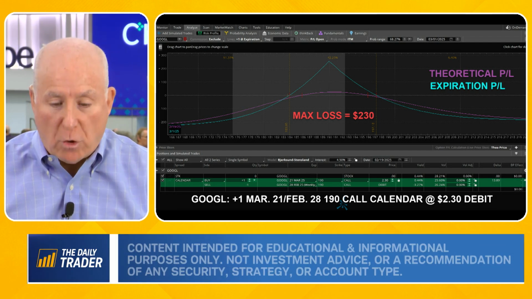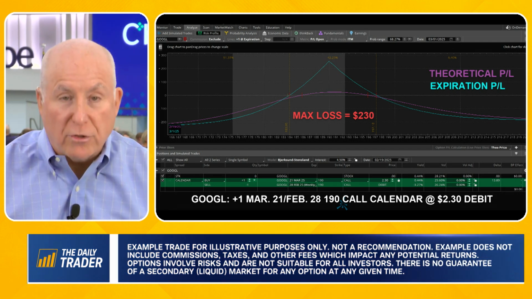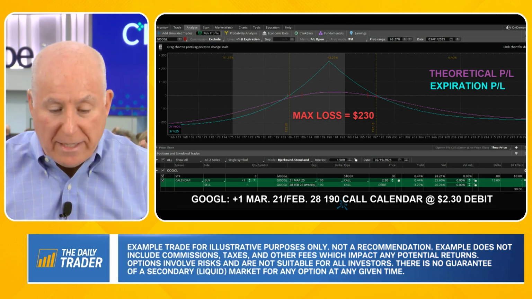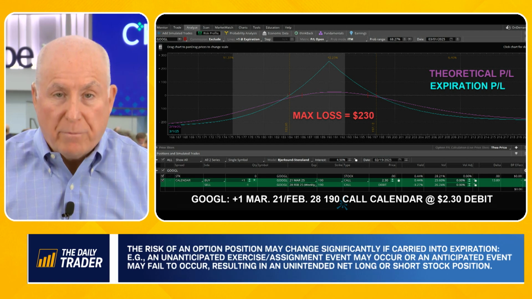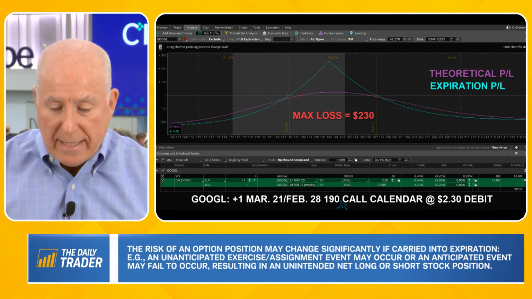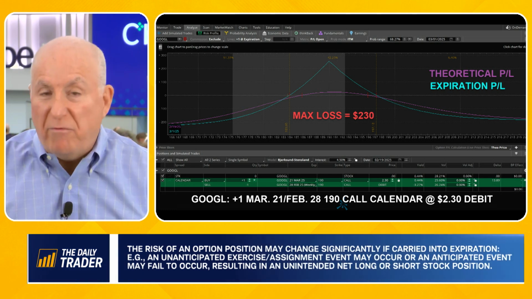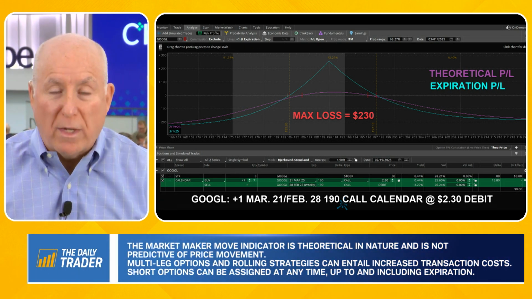Buying the 190 call, just 5.5, well, now $6 and change higher than where we are now. Buying the 190 call on the March 21st, selling the February 28th 190 call. We put that in at about $2.30, probably trading $2.15 now, a little lower as the stock is guided lower with the rest of the market.